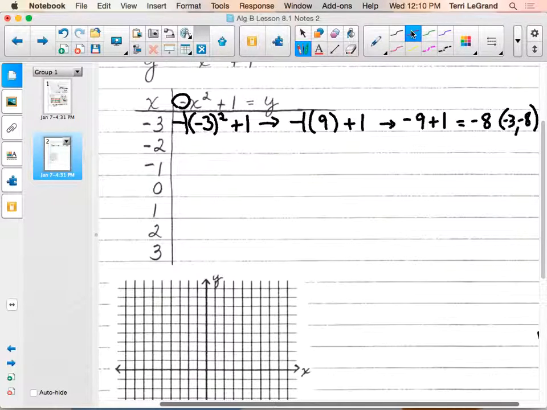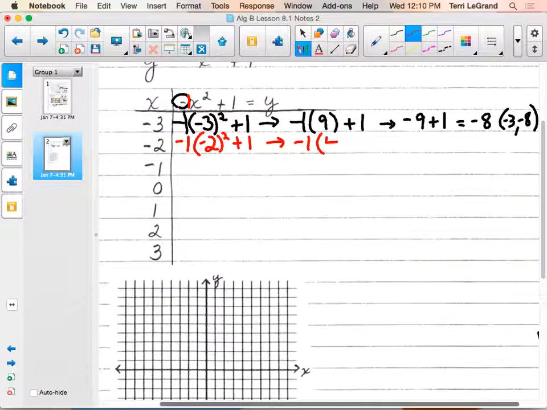Okay? So we're going to treat that negative sign as a -1. So -1 times -2 squared, add 1. So we square first before we multiply by -1.